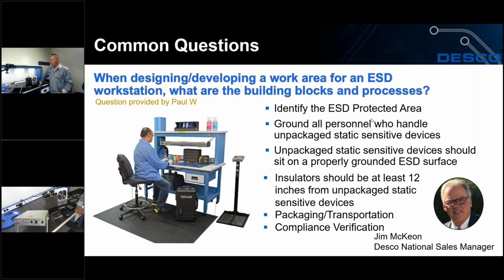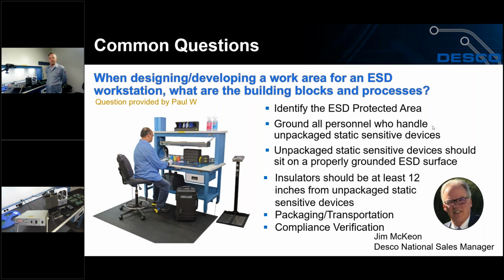Okay. So the first thing that you need to do is identify an ESD protected area, which is an area where all of the rules that you decide to implement for your ESD program need to be in place. But in terms of designing a specific workstation, as Jeffrey said, this is a potential long answer.